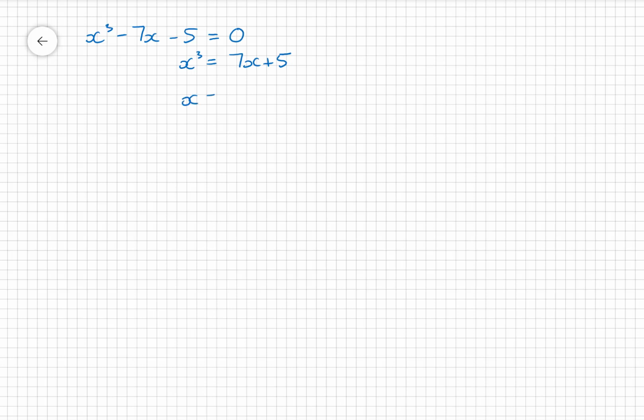So x is equal to the cube root of 7x plus 5. And we've arrived at that format that we needed for a fixed point iteration, where x is equal to some other function of x. So we can now write that as our iterative relationship. x_(n+1) will be equal to the cube root of 7x_n plus 5.